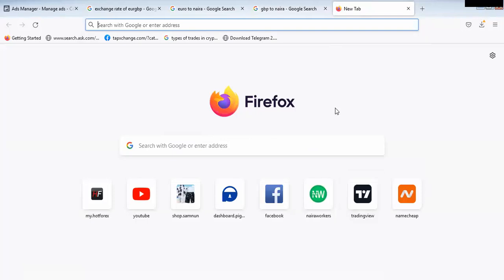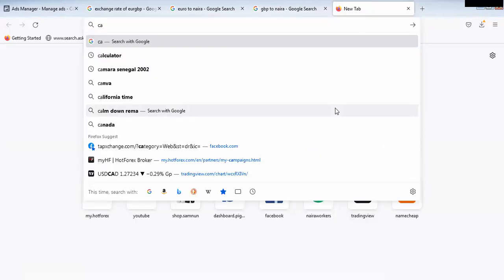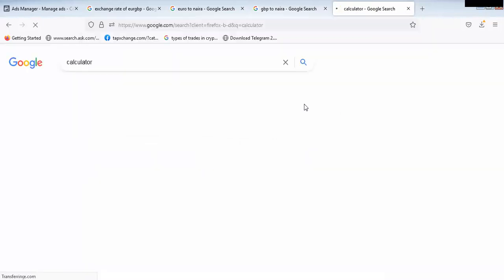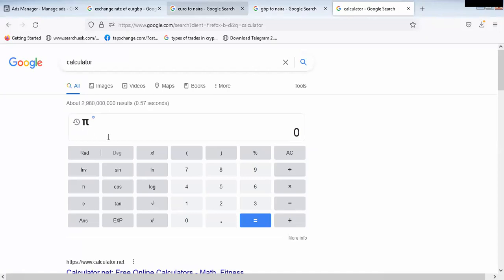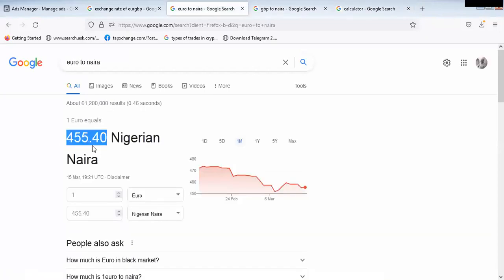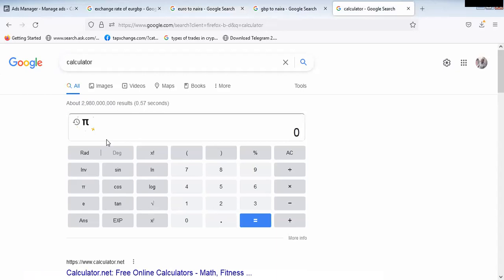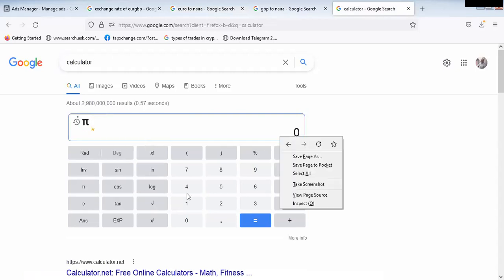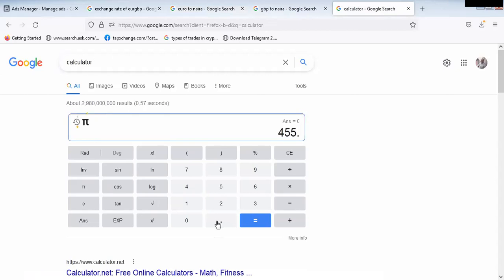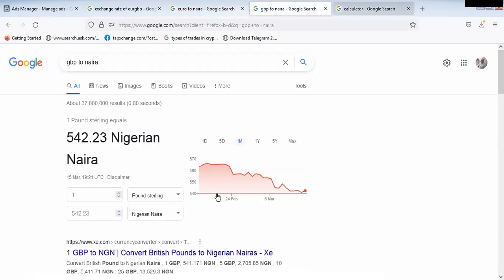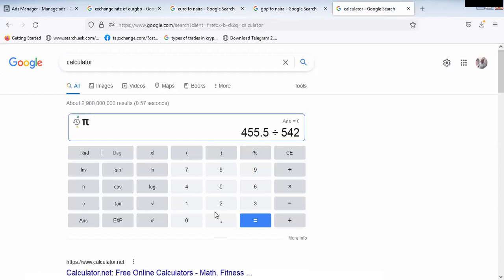Let's use Google Calculator. We are dividing it by... can you see?